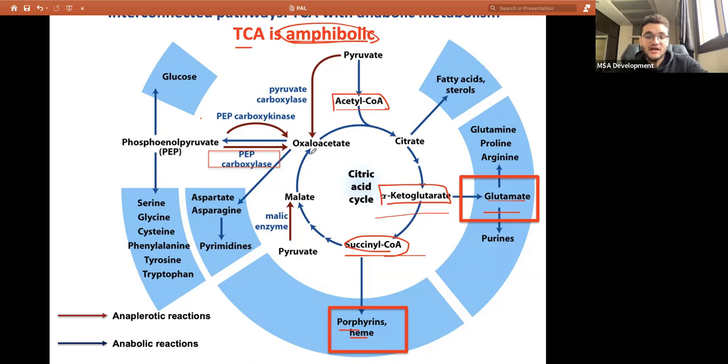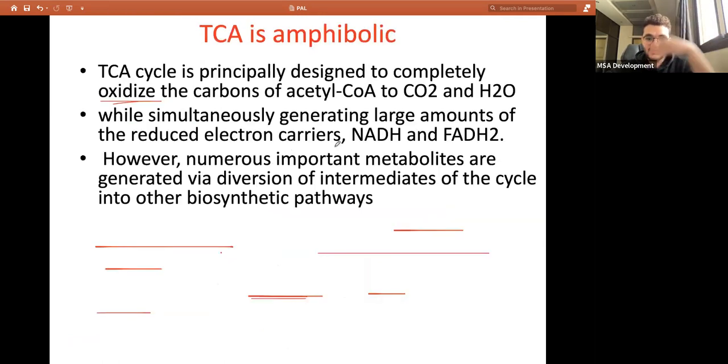I cannot use oxaloacetate to form acetyl-CoA, because the acetyl-CoA has 2 carbons and this does not. I don't want to get into the details; you're going to take it in gluconeogenesis and other lectures.